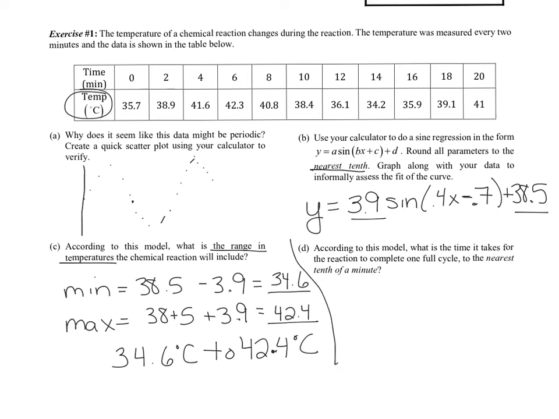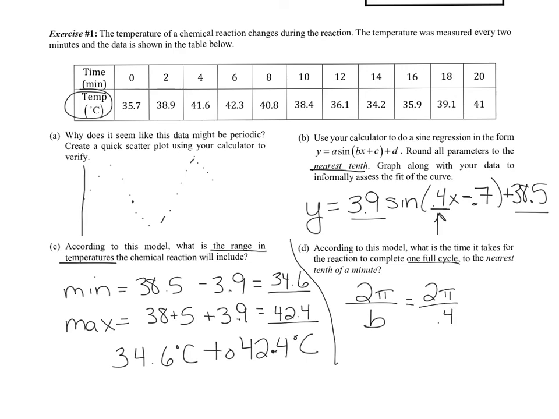The next problem says, according to this model, what is the time it takes for the reaction to complete one full cycle to the nearest tenth of a minute? So this is really a question about the period of the function because it says one full cycle. So using the formula 2 pi over b, if I look at my regression, the b value, the number in front of x, is 0.4.